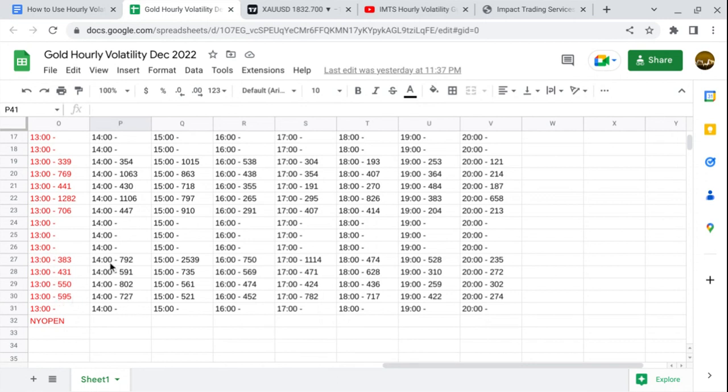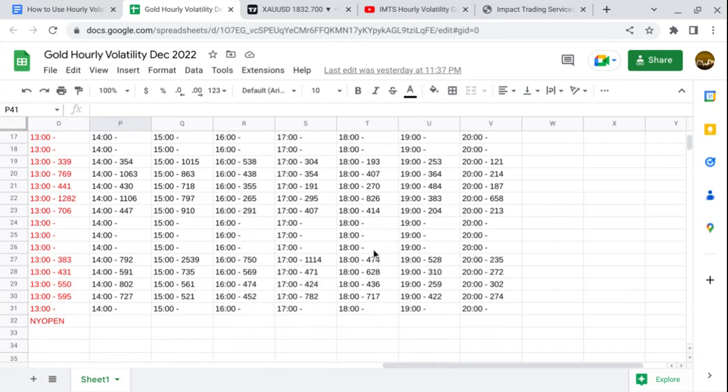Between last week and the week before, price moved 700, 2500, 700, 1000, 1400, 500, 700, 500, 400.